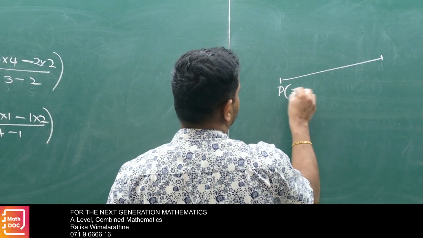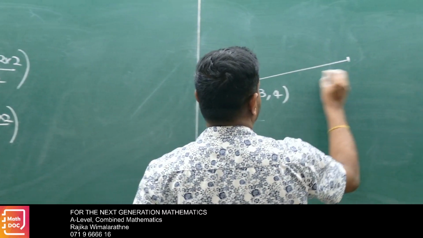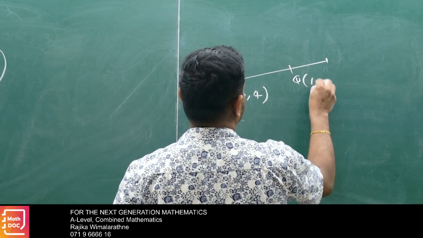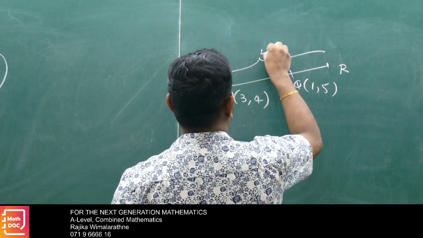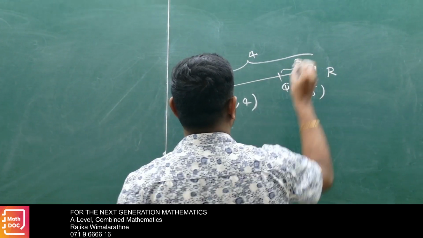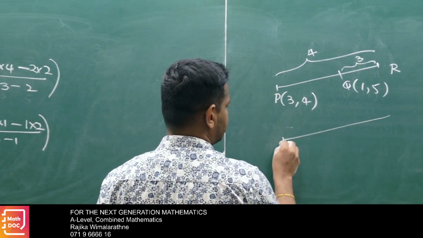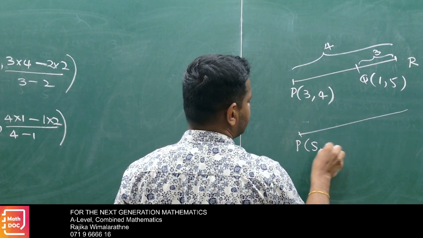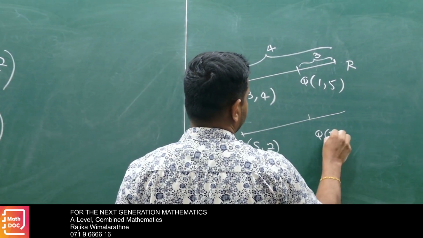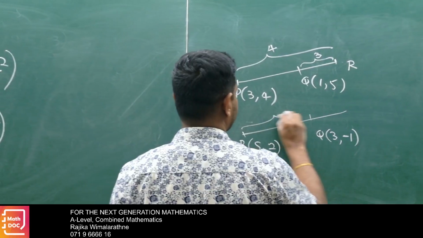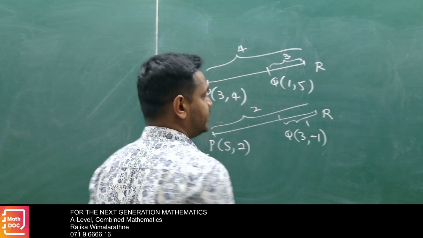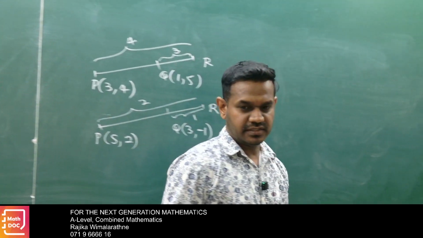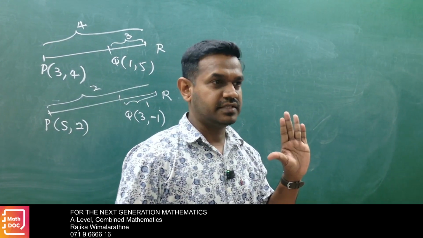P is (3, 4). Here Q is (1, 5). R divides 4 is to 3. Okay, you do it alone. Next, P is (5, 2), Q is (3, minus 1). Here 2 is to 1. External division. Okay, just do them.